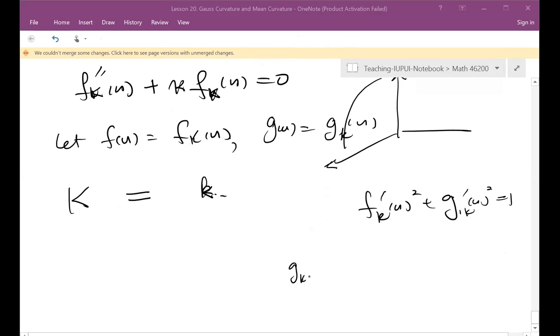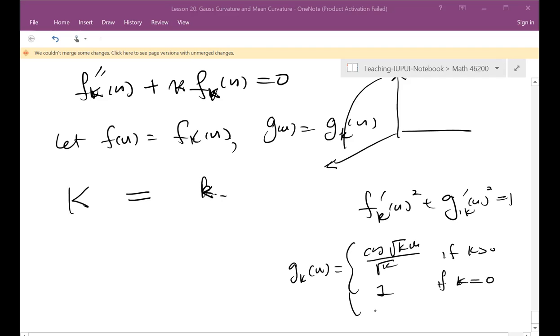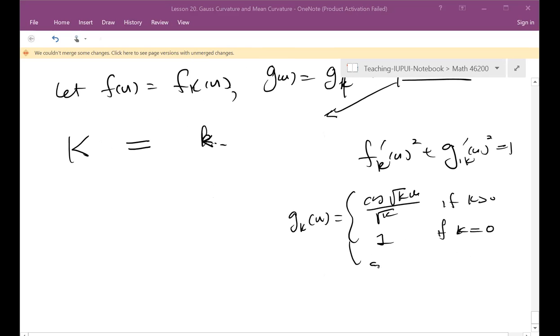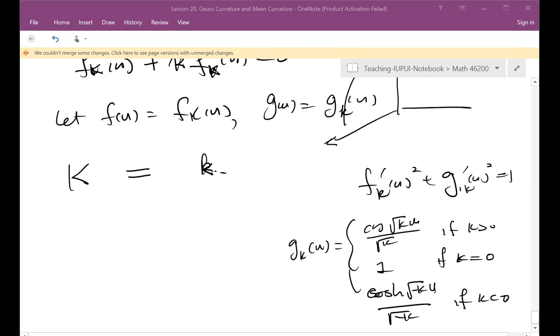Okay, so I think g_k(u) should be equal to cosine of ku divided by k if k is positive, and 1 if k is 0, and hyperbolic cosine if k is negative. Anyway, this satisfies the given information. Then you compute it, the Gauss curvature is going to be k.